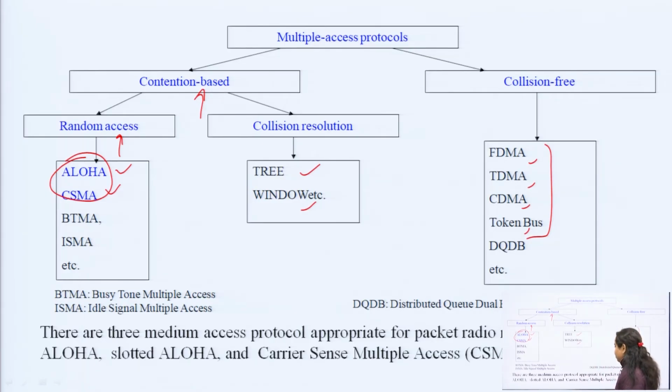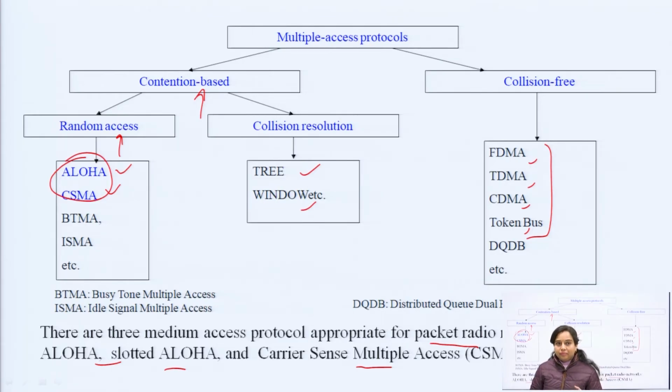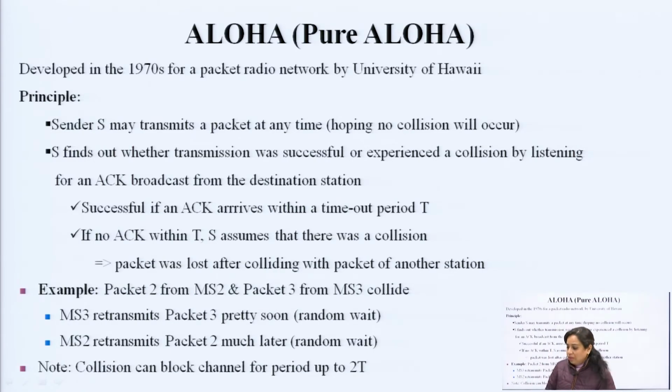There are 3 medium access protocols appropriate for packet radio networks: the first one is Aloha, the second is slotted Aloha, and the other is CSMA. There are 2 types of Aloha, slotted Aloha and pure Aloha. So, what is Aloha?